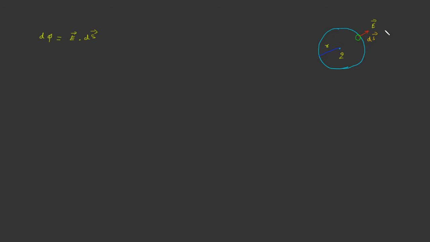We know this electric field E is due to this point charge Q placed at the center, and that is equal to 1 by 4 pi epsilon 0 Q divided by r square into r cap, where r cap is a unit vector along the radius vector from the center to that area element.